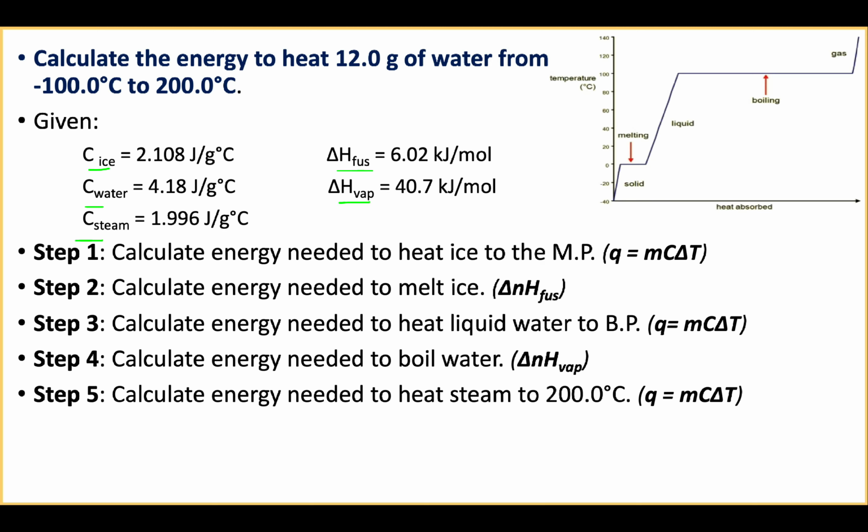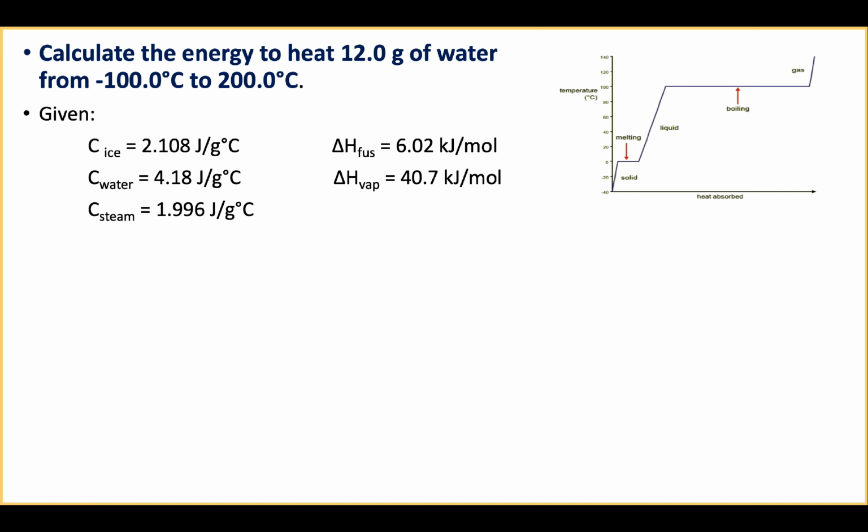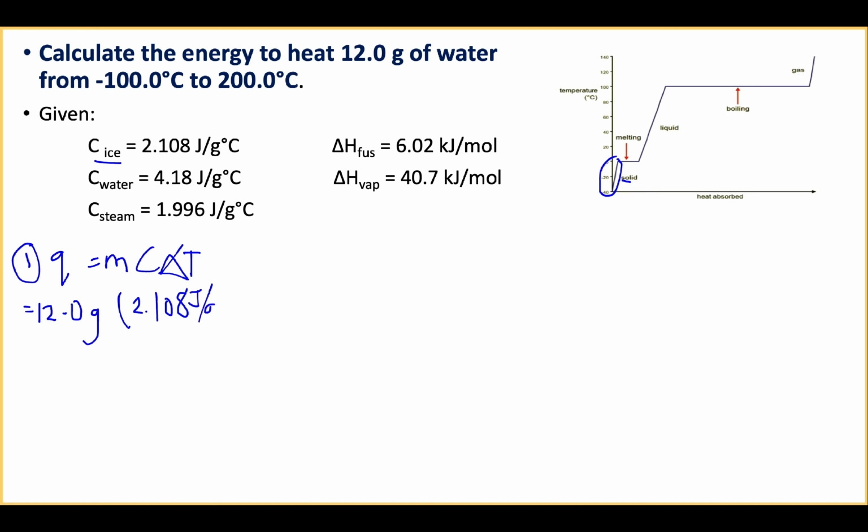So the last step after doing this, you have to add all of the values together, okay, to get the Q total. Step 1 is this one. Q is equal to mcΔT. Okay, so substitute the values: 12.0 grams times the specific heat of ice because this is the solid part, times the change in temperature, which is from negative 100 to 0.